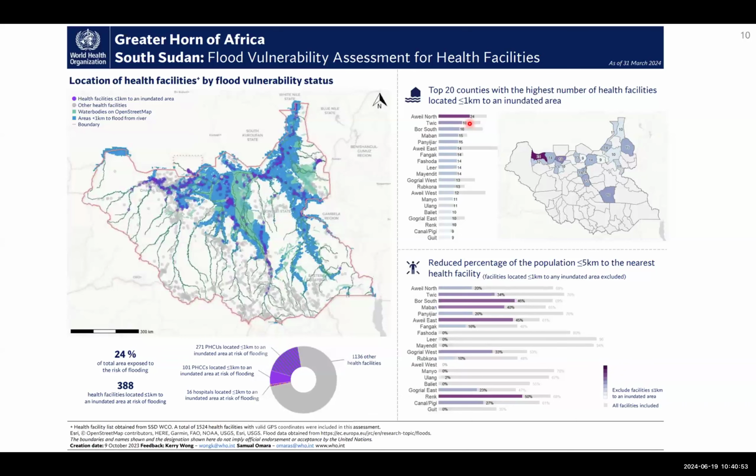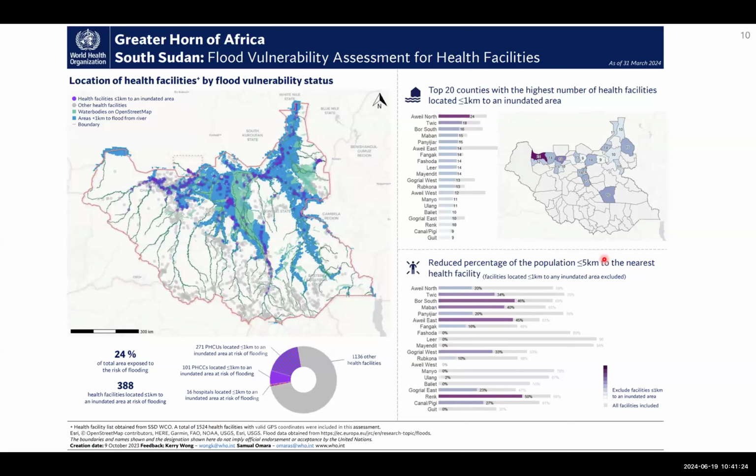And on the bottom right, we see now the use of the population estimates, because from the analysis that I'll talk about shortly, we were looking at the general access to health facilities within the country, and looking again at straight line distance, not going into a lot of the details that would require a lot of other calculations.